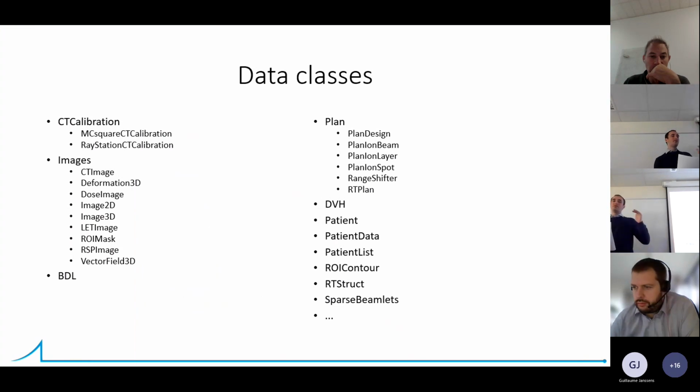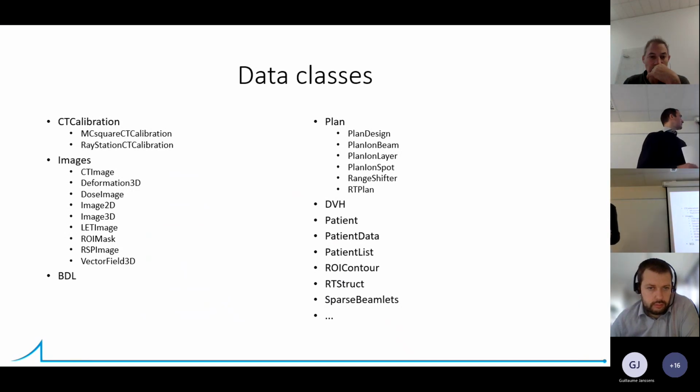I will present a very short overview of all the sections in this core package. So there are the data classes. This is an overview of all the data classes that we have implemented. We have implemented CT calibration: the CT calibration used by MC Square, which is a very specific format, and also that of RayStation.